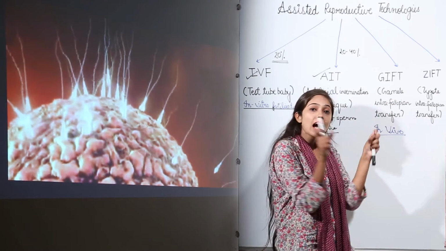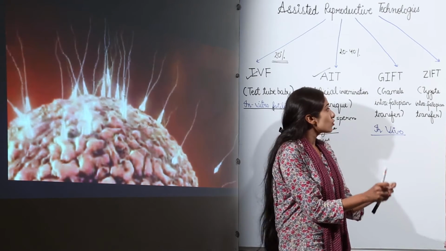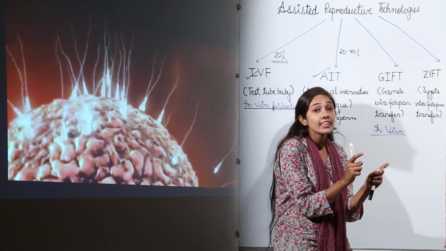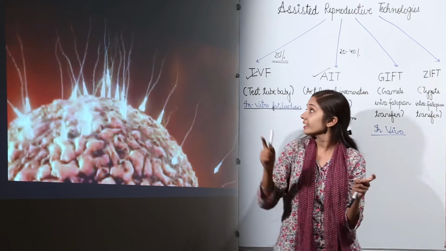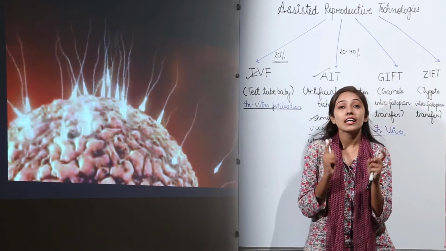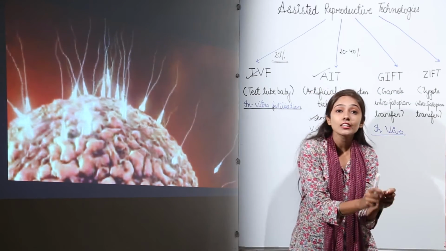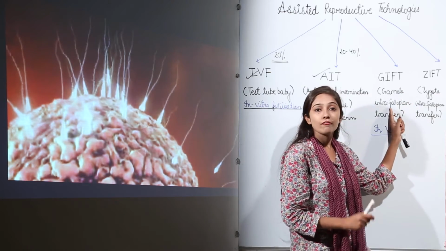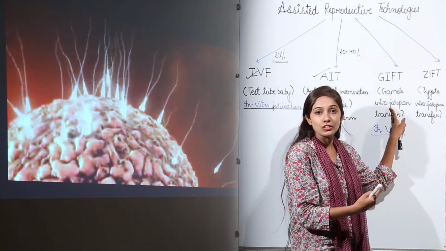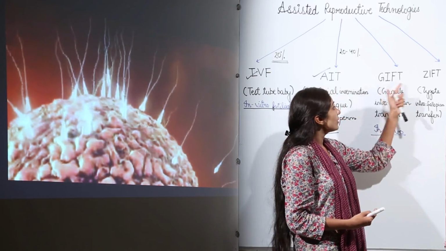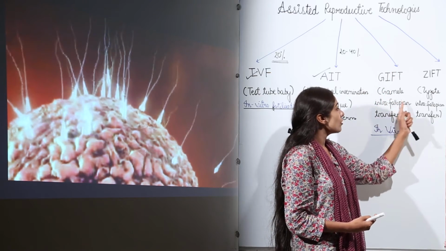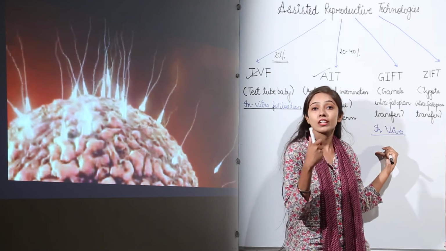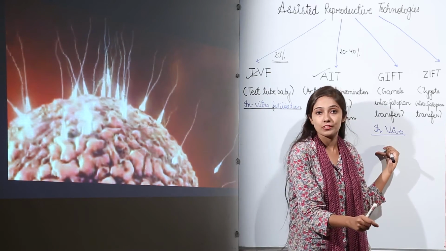When these gametes are transferred, the fertilization is not taking place outside the body like in the case of test tube baby. The fertilization is taking place inside the body of the female, that is in the fallopian tubes where we transfer the gametes. So this is how GIFT, gamete intrafallopian transfer, is a form of in vivo fertilization where fertilization takes place inside the body.